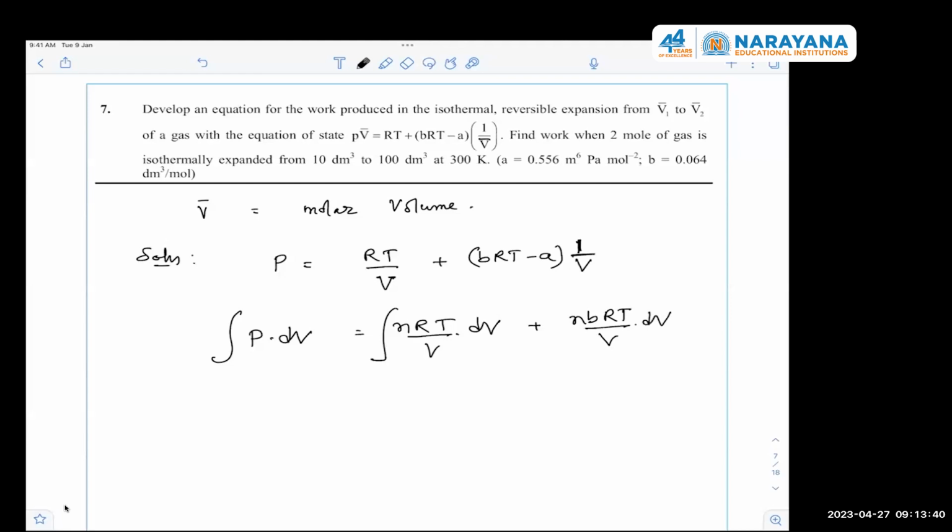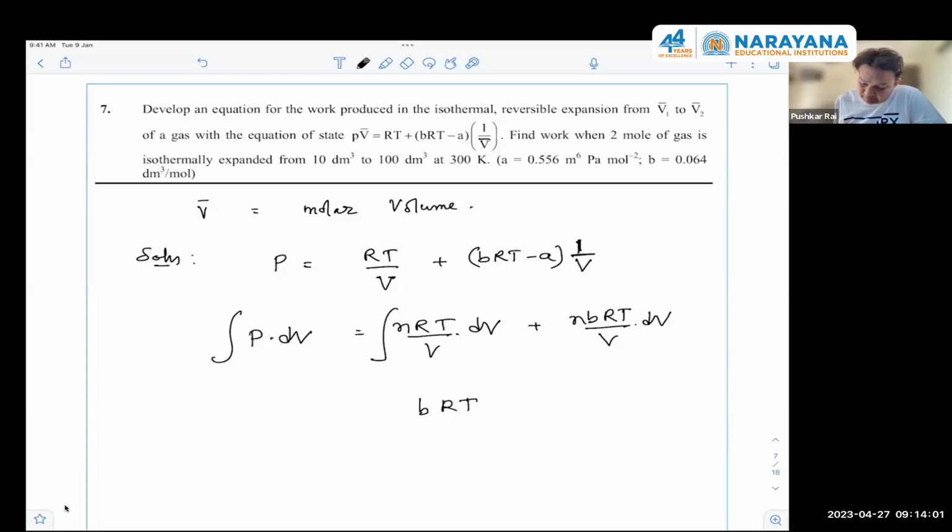Sir, we get V square in the denominator. Because V is... you want to say bRT divided by V. You are dimensionally checking it, no? Good idea. So b is 0.04 decimeter cube per mole. So this is per mole, and V is also, so V and b cancel, and so RT.